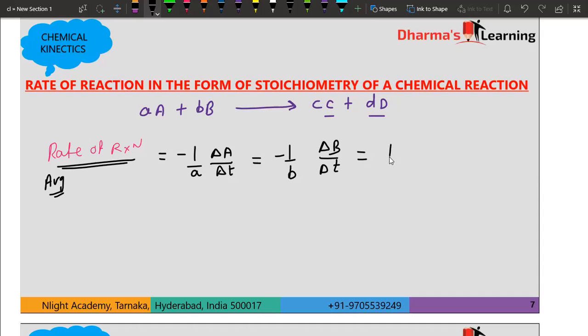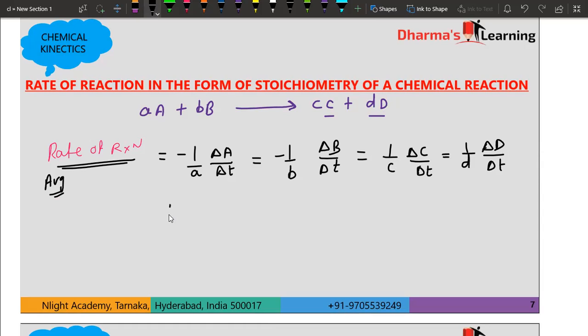As product C is going to form, I take its coefficient at the bottom with the change in concentration of C divided by change in time. Similarly, for the product D, it will be 1 by d, the stoichiometric coefficient in the denominator, change in concentration of D divided by change in time. So this is how to represent the average rate of reaction for any reaction with stoichiometric coefficients.